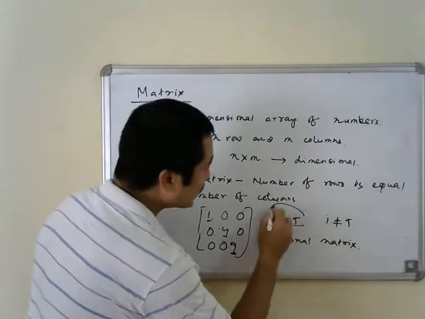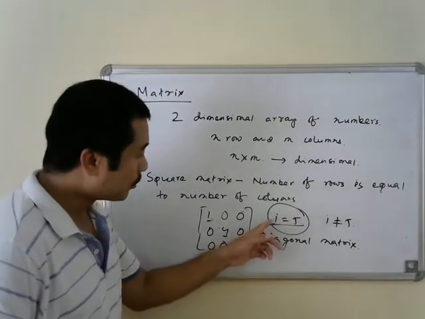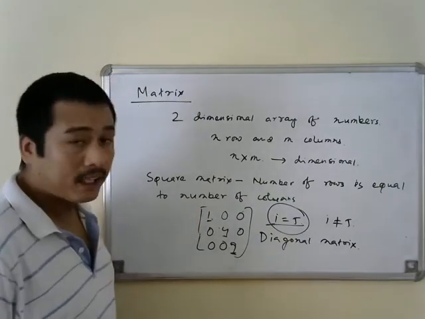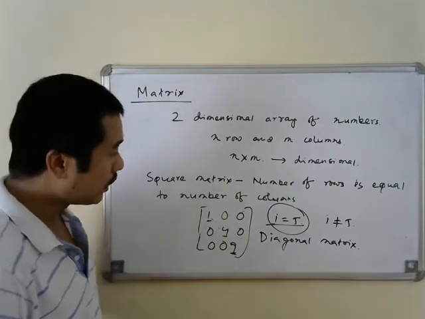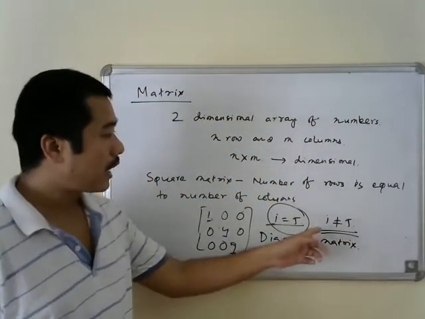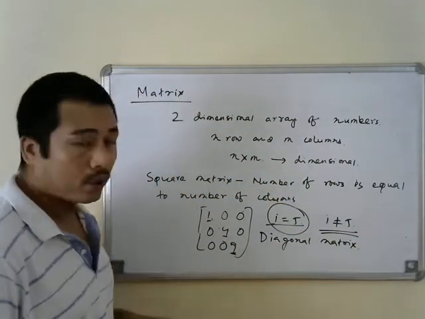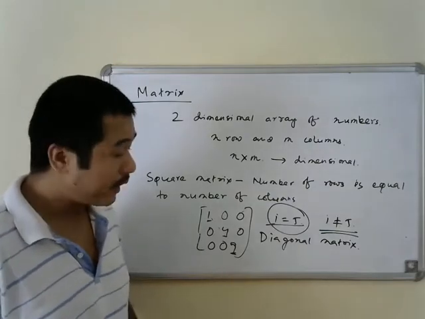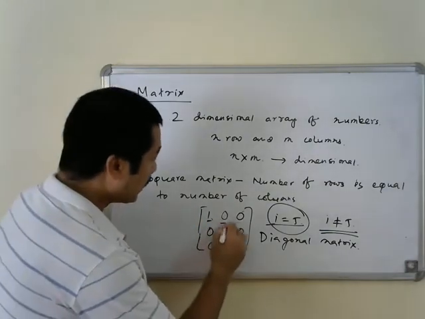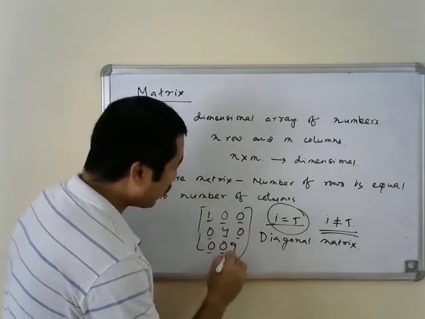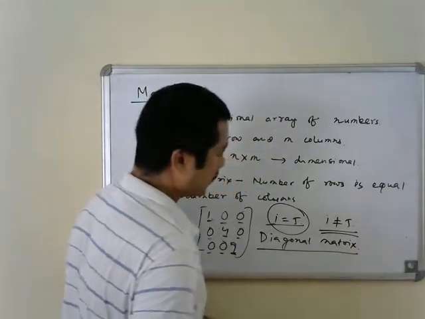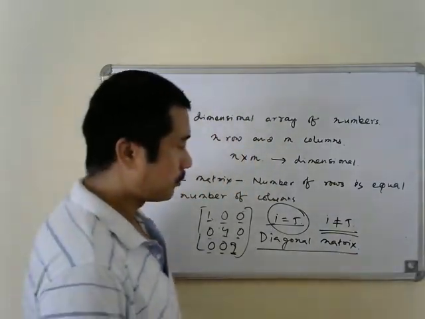So for these elements, the row number is equal to the column number, and these we call the diagonal elements, for which i is equal to j. And for those elements for which i is not equal to j, we call those elements non-diagonal elements. And for a square matrix where the non-diagonal elements are all equal to 0, such a matrix we call a diagonal matrix.